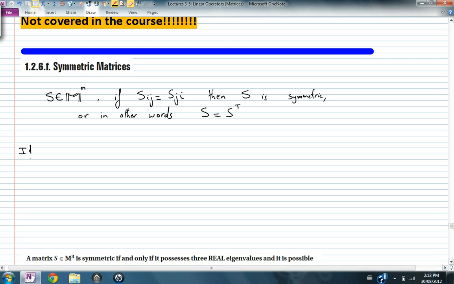Now if S is a 3 by 3 matrix, then S has the following form.